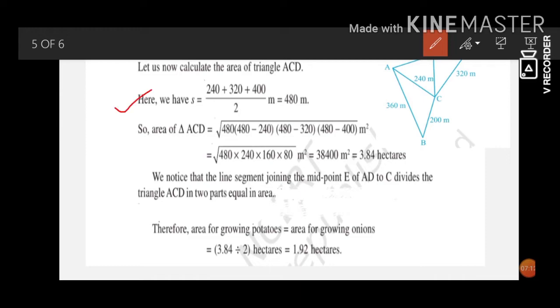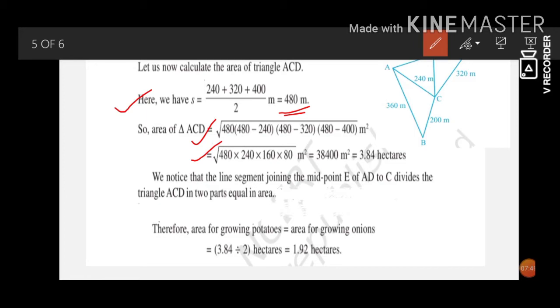So here also we first find s, the semiperimeter, which is 240 plus 320 plus 400 by 2, which is 480 meter. Then we use the formula s into (s minus a) into (s minus b) into (s minus c). So we write 480 into (480 minus 240), (480 minus 320) and (480 minus 400). We will get 480 into 240 into 160 into 80.